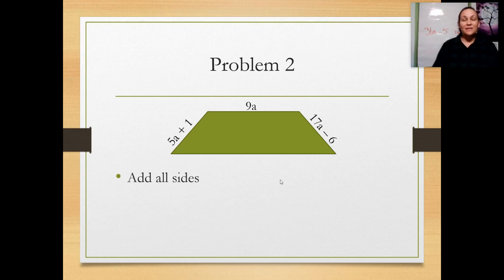And then to find the missing side, I need to subtract that from my total perimeter. And my total perimeter was 39a minus 7. Now, we learned on our first lesson that when we're subtracting, we don't actually subtract. We distribute the negative sign, and we actually end up adding.